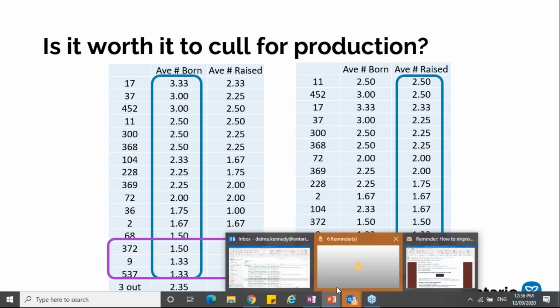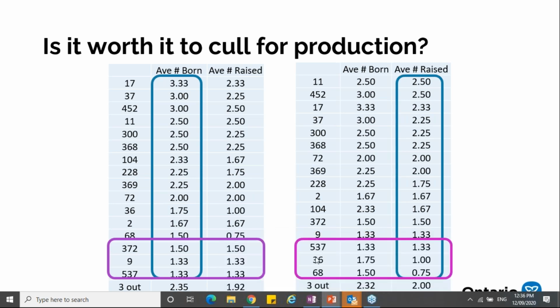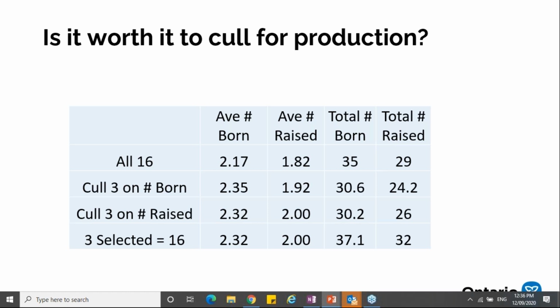So just by using number raised versus number born changes how well I'm doing, changes the genetics of my flock. But of course, I've only got 13 instead of 16 ewes. And the difference between this and this doesn't look huge, right? So what if we look at it a little differently?